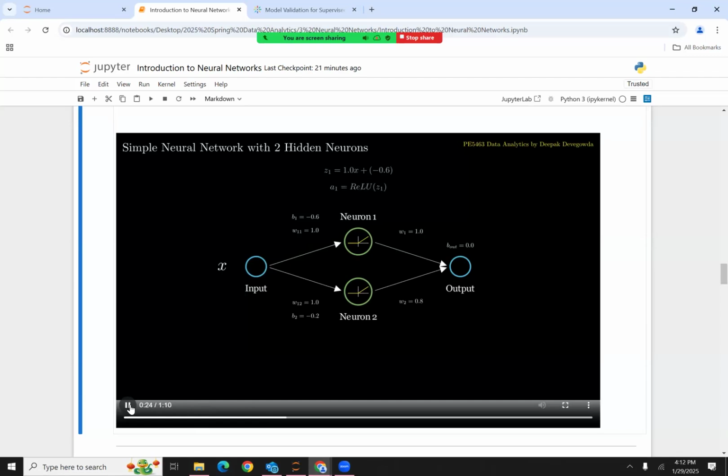Coming from the input to the second hidden neuron, we have the corresponding weights and the activation function. So I multiply the input with a value of 1, add a bias of negative 0.2, and then I have the activation layer acting upon that value and then send it to the output cell.